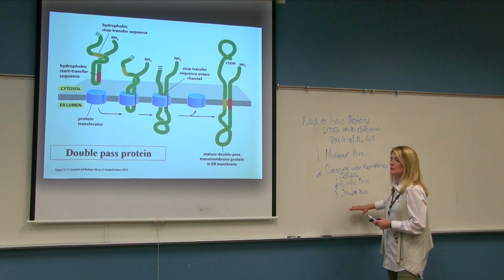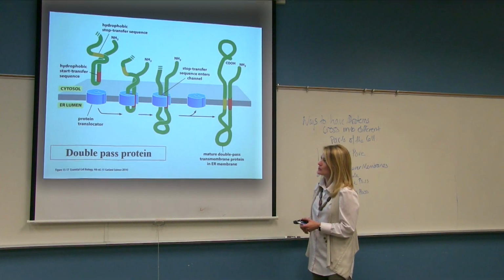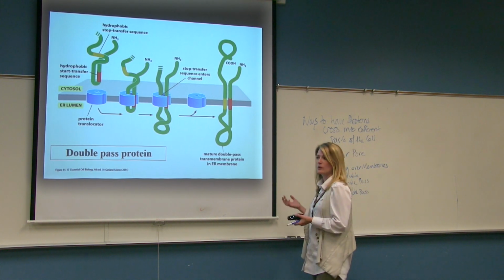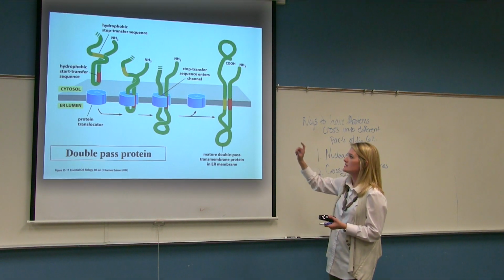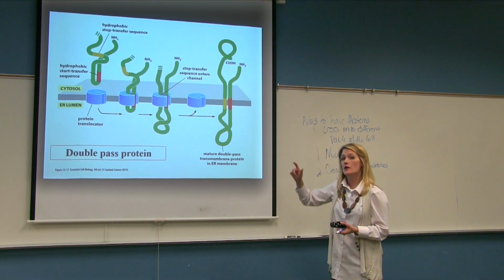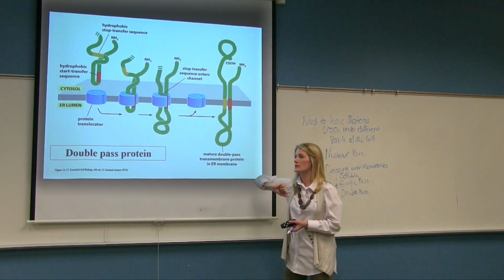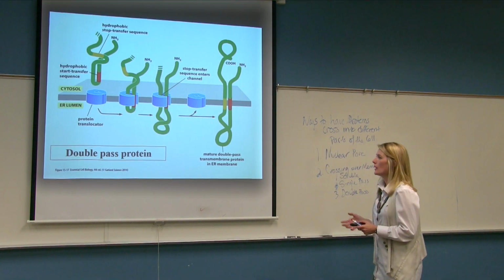Additionally, and this is where we left off last time, we said that we could also have a double pass protein. We said that this would be a very unique way to test this. We kind of did some experimental research last time we were in class. We could test this by moving maybe either the hydrophobic start transfer sequence, or the N-terminus sequence, or we could cleave off our signal peptidase.